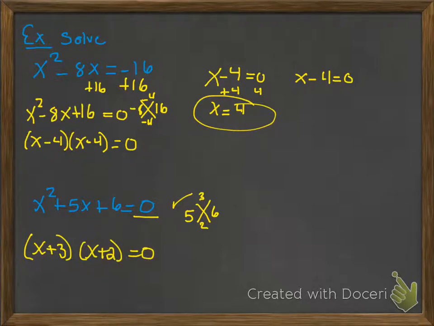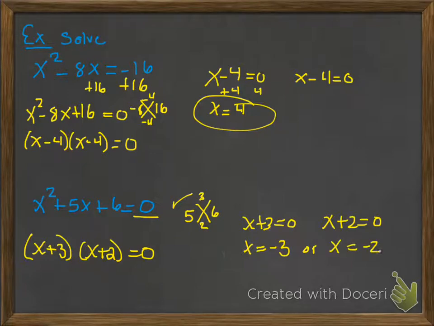Now I set each of my factors equal to 0. x plus 3 equals 0, and x plus 2 is equal to 0. And I solve. Subtract 3 from both sides, x equals negative 3, or x is equal to negative 2. So I have my two answers there.